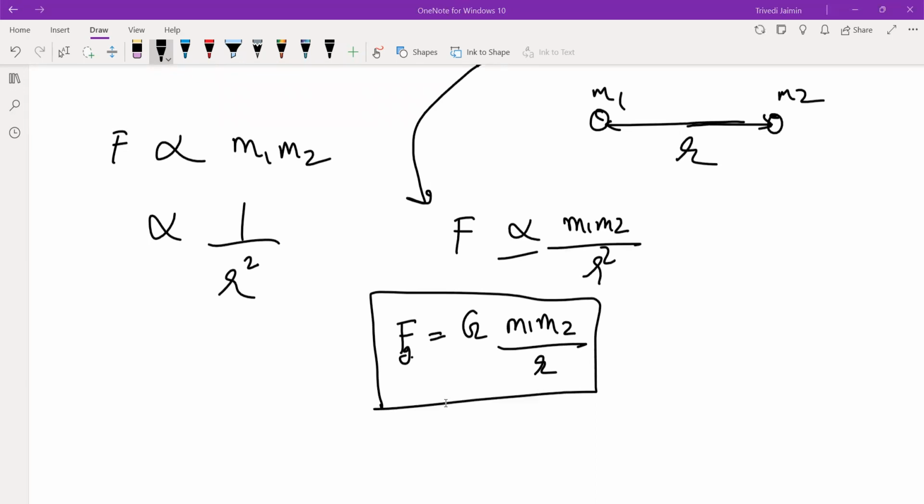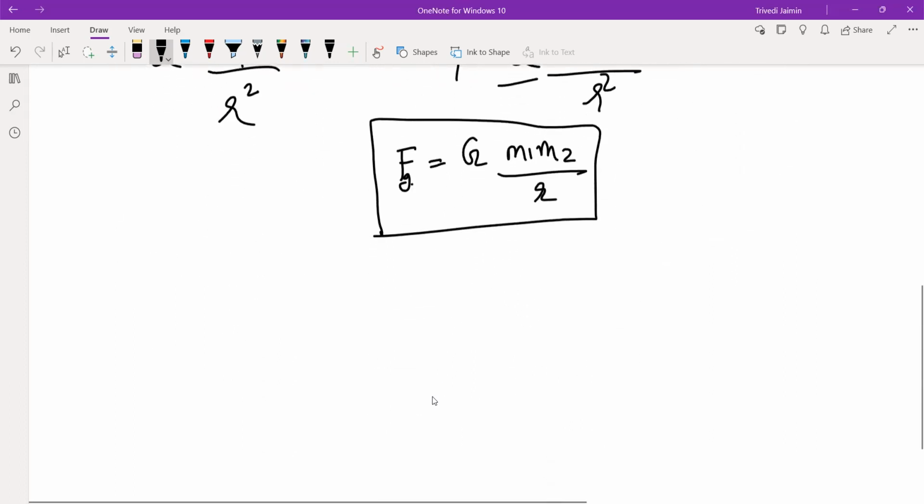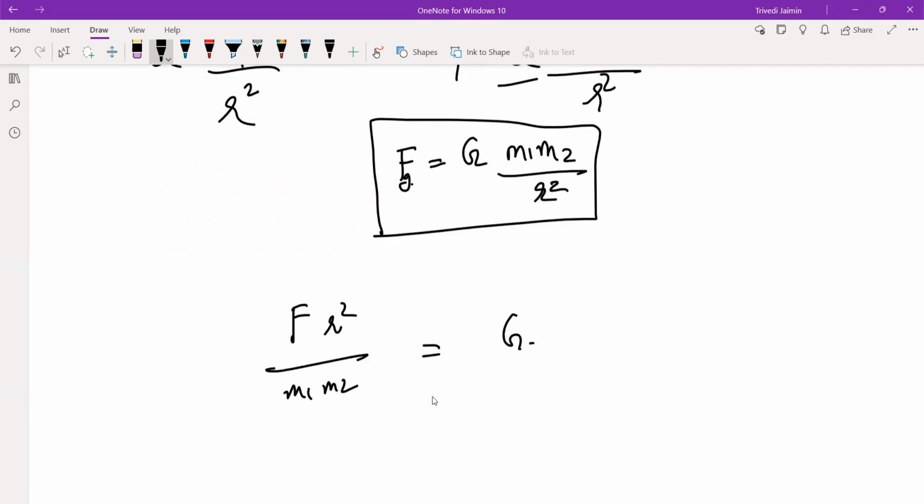As you said, this value G is constant. How did we get this unit? F equals G M1 M2 by R square, so F R square divided by M1 M2 gives G. So the unit of F is Newton, and the unit of G is Newton meter square by kilogram square, whose value is 6.673 into 10 to the power minus 11.